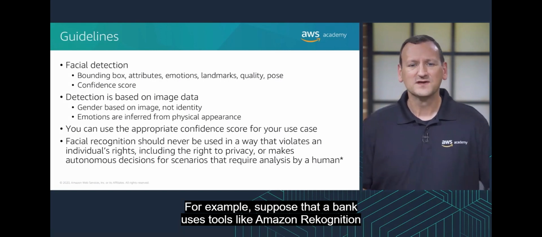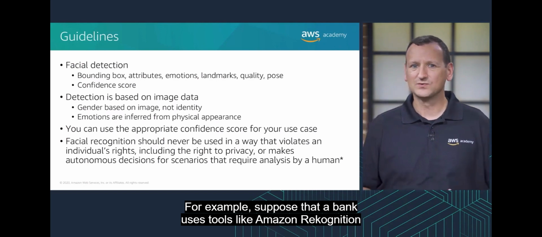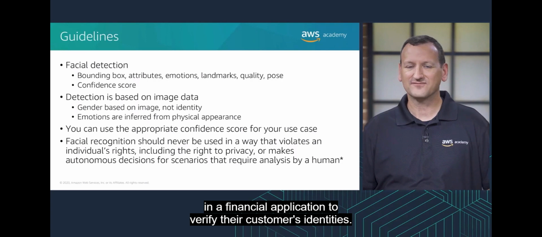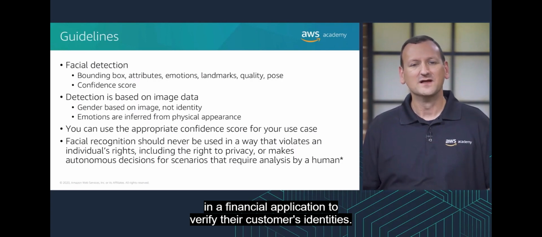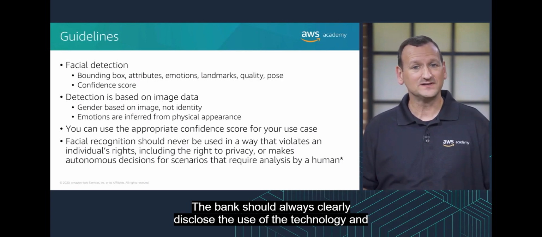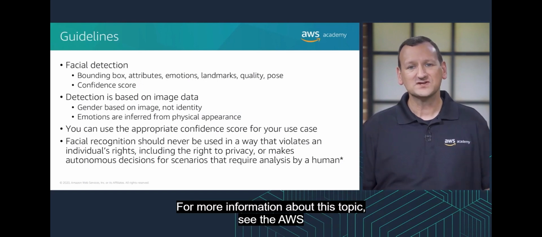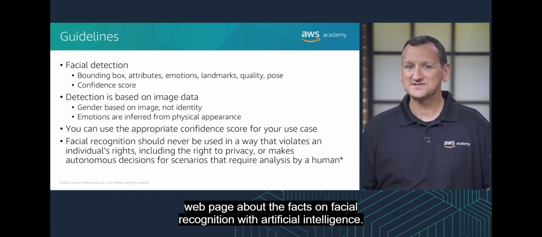For example, suppose that a bank uses tools like Amazon Rekognition in a financial application to verify their customers' identities. The bank should always clearly disclose the use of the technology and ask the customer to approve their terms and conditions. For more information about this topic, see the AWS webpage about the facts on facial recognition with artificial intelligence.